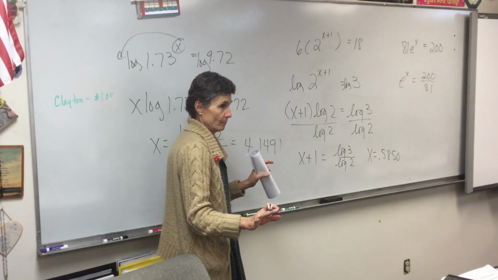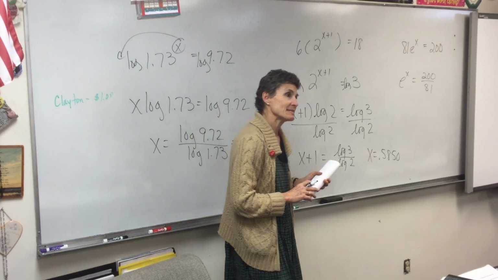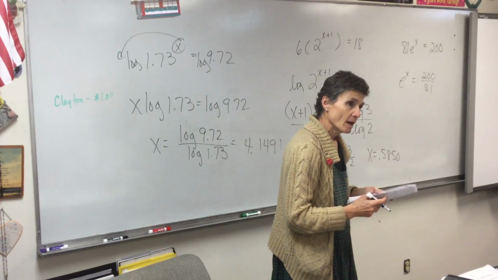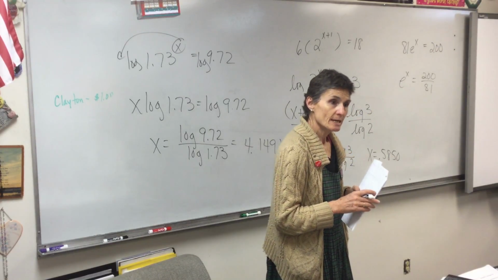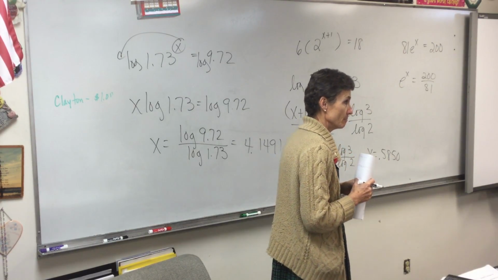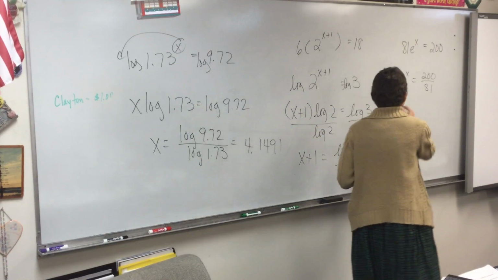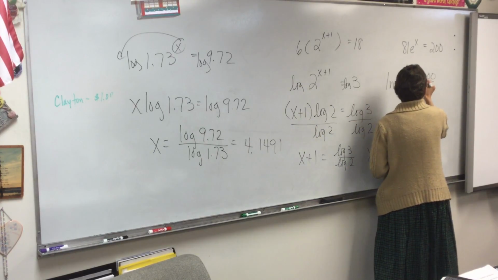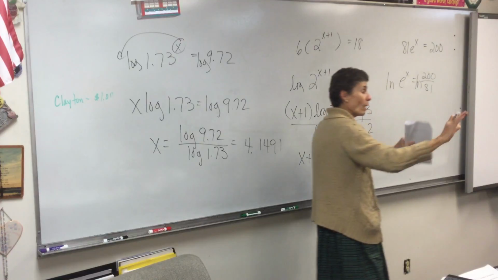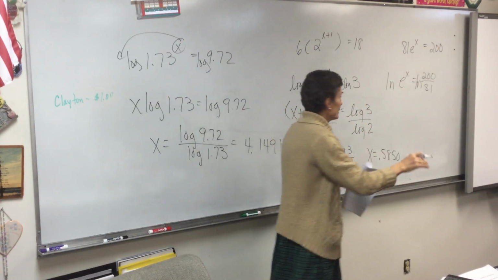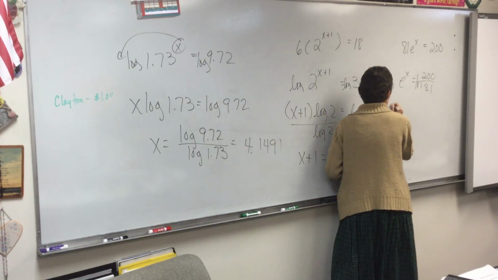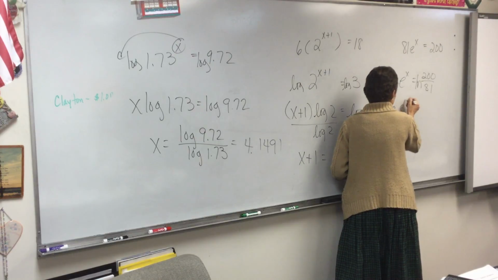Now, do you see how the problem has an e in it? I'm going to do something a little different here. Instead of logging both sides, I'm going to ln both sides. And then it gets even better. This is the same as log base e of e to the x.